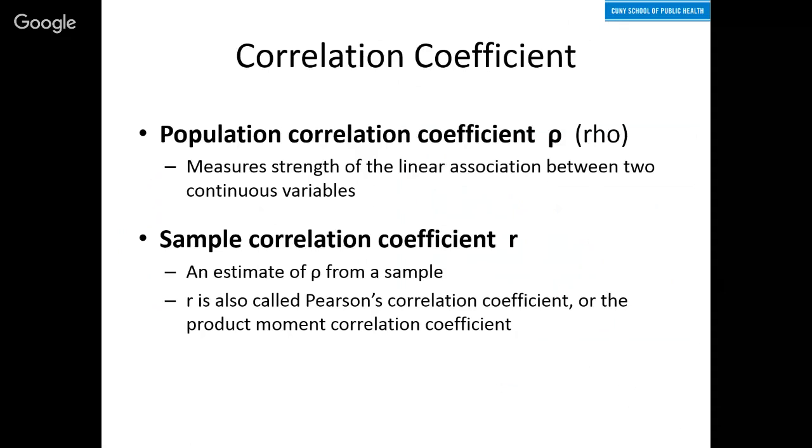So when I say Pearson correlation coefficient, I may be referring to the population or to the sample, just like all of the parameters and statistics that you have learned this semester. And again, when it's referring to the population, you use a Greek letter. When it's referring to the sample, you use a Roman alphabetic letter.